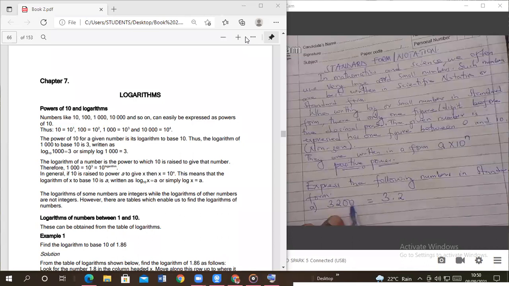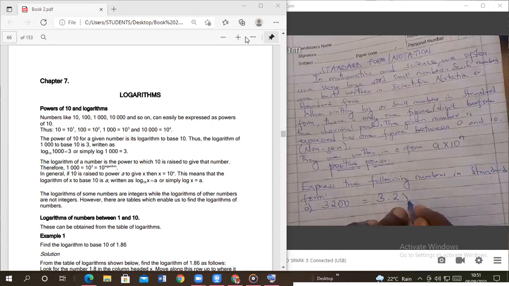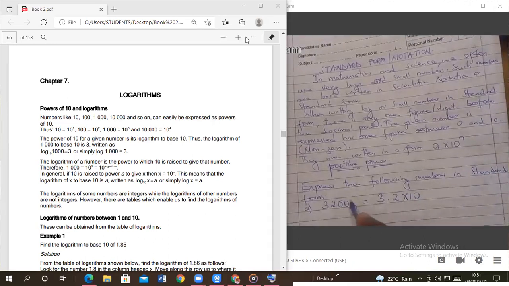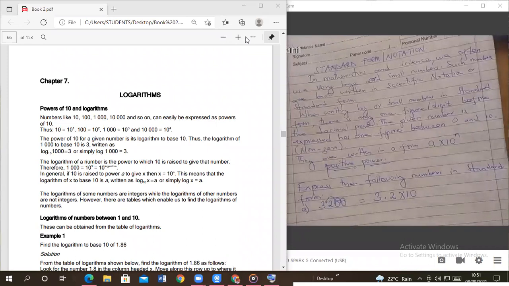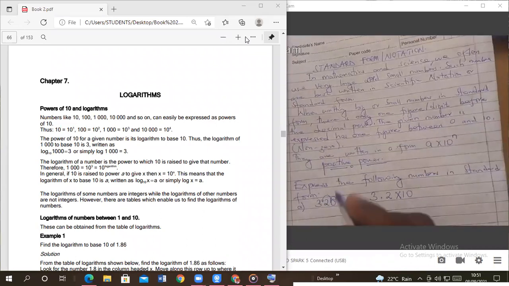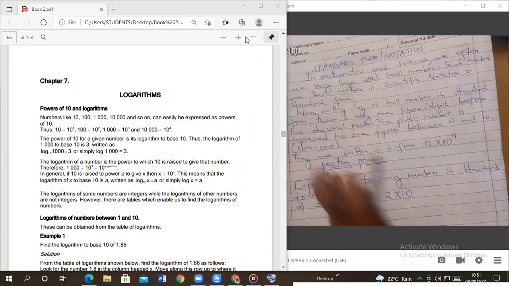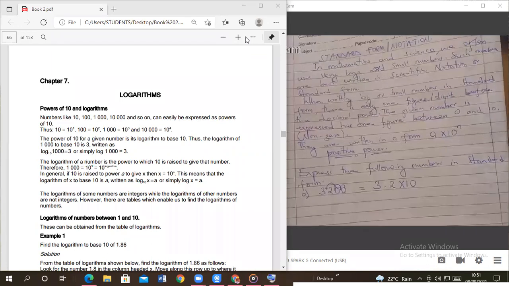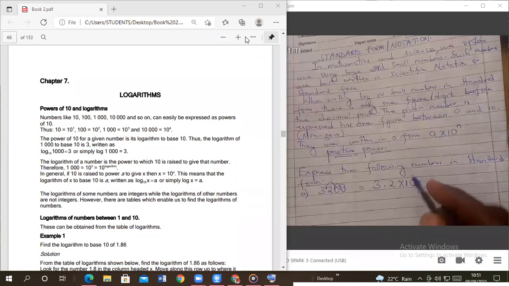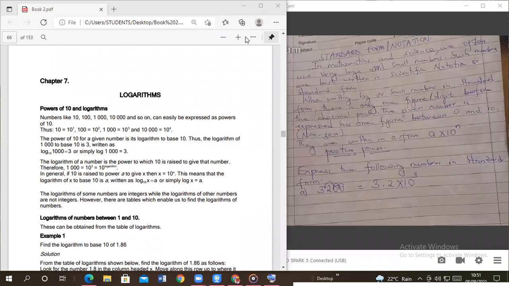So you ignore these zeros, and you say 3.2, then you multiply it by 10. How many decimal places should I move? 1, 2, 3. When you move from right to left, the power is positive. So it is 10 to the power 3.